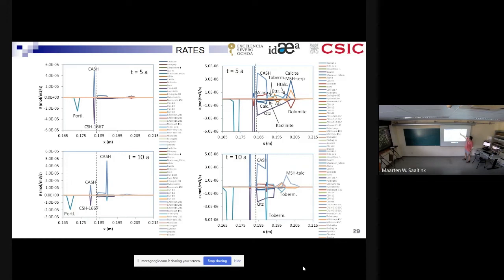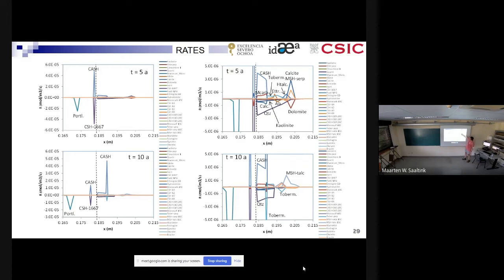We have some dissolution of calcite, so dark blue, that causes this red line with the precipitation of monocarboaluminate. But very interesting, this red line here is dolomite. So we have this dolomite reaction where dolomite is dissolving, releasing calcium, releasing magnesium, releasing carbonate, and this is used for the precipitation of calcite and the precipitation of this magnesium silicate carbonate, this orange line.